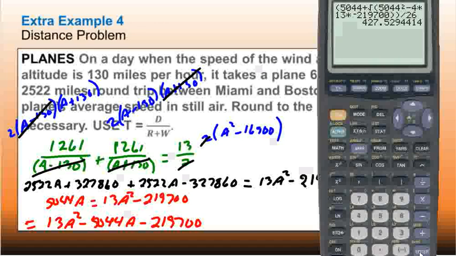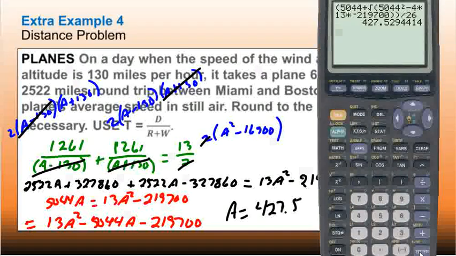And I end up with an answer of 427.5. So the plane would go 427.5 miles per hour.